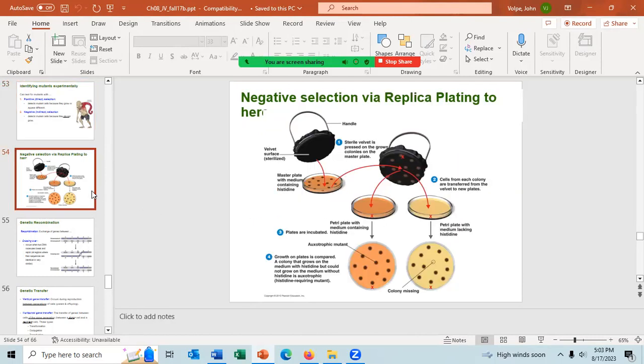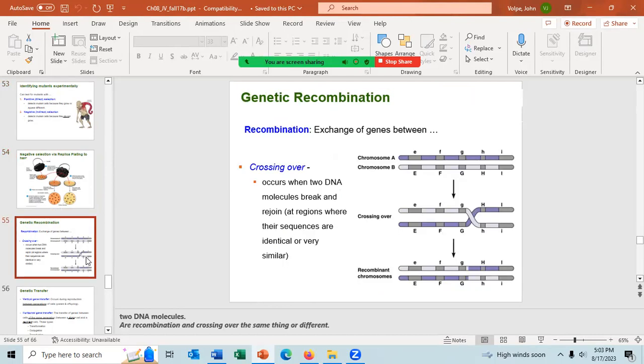With negative selection, you're replica plating the colonies using a velvet stamp, stamping the colonies onto two different media. If a colony doesn't grow on one media but does grow on the other, we can say that colony is a mutant colony. Any questions about any of that?